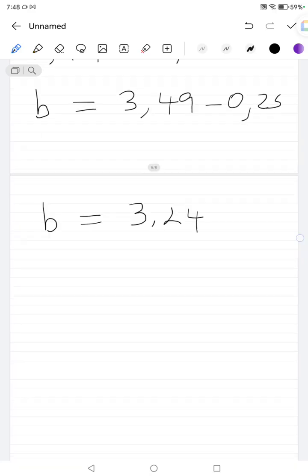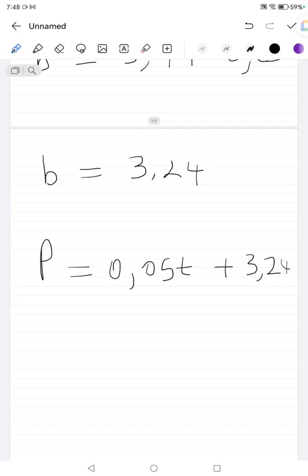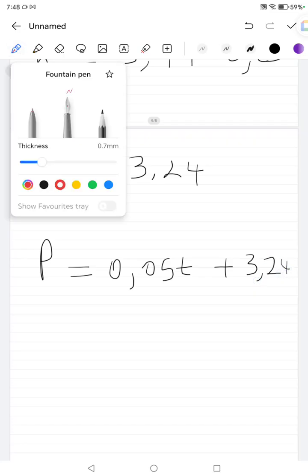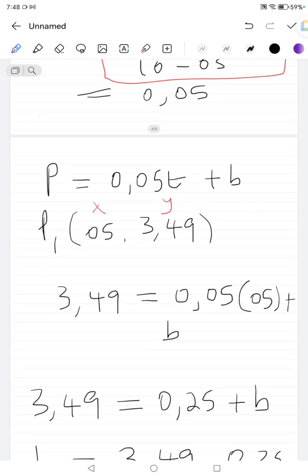So now we have to write our final function: P equals 0.05 t plus 3.24. This is going to be the final equation that they are interested in.